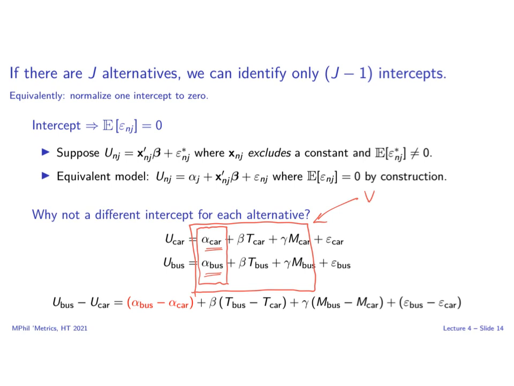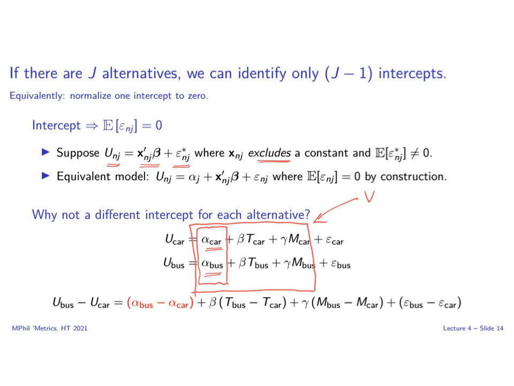So suppose, for example, that the true utility, U_nj, is equal to x prime_nj beta plus epsilon star_nj, where x_nj excludes a constant. So the first element is not 1.